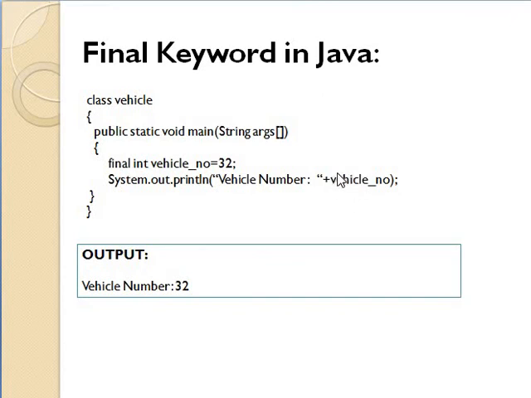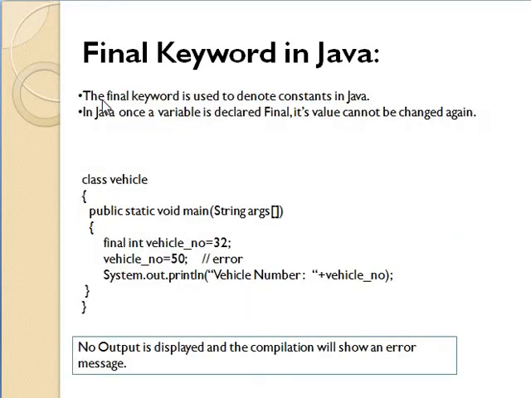The thing which has been added to this text vehicle number is the variable called vehicle no. And since this variable called vehicle no holds the constant value 32, that's why in the output you can see vehicle number 32 getting printed. And this is how the final keyword is used to denote constants in Java.